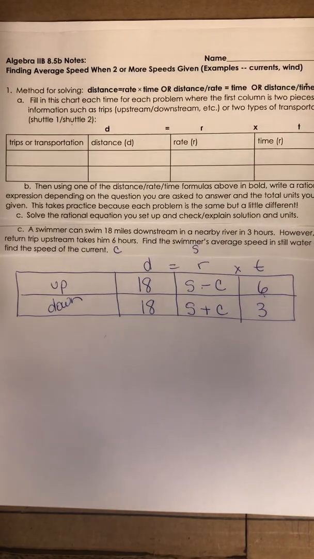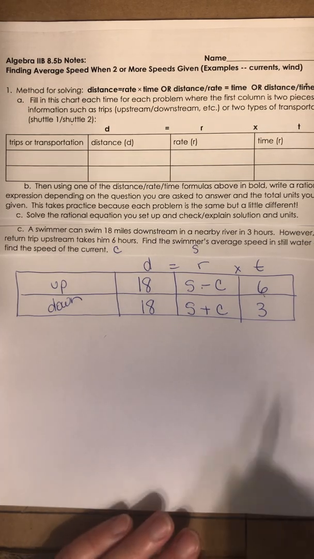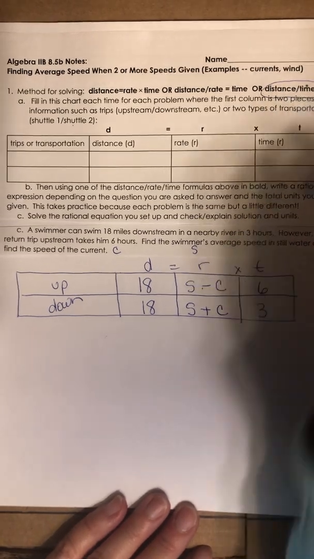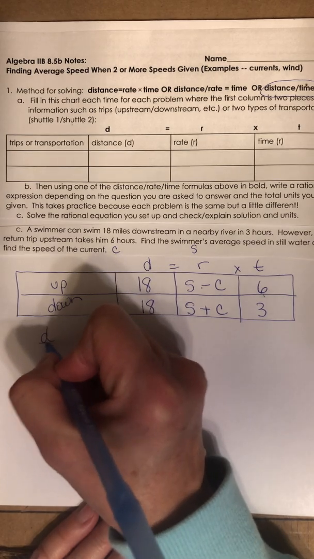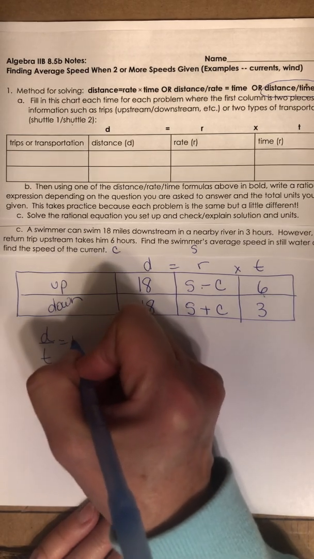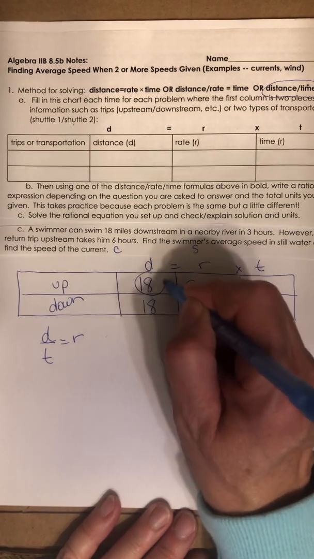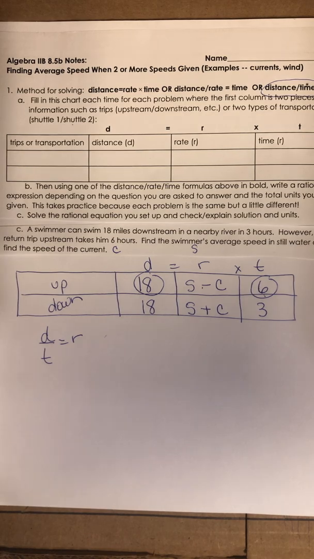Okay, so when you notice this, there's actually something going on here. Notice on our third formula in bold that distance divided by time equals the rate. And I do have the distance and the time, and that should equal the rate.